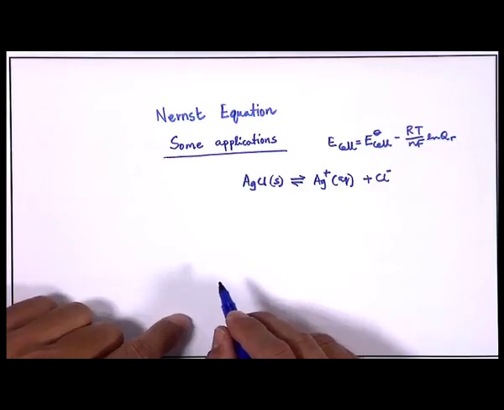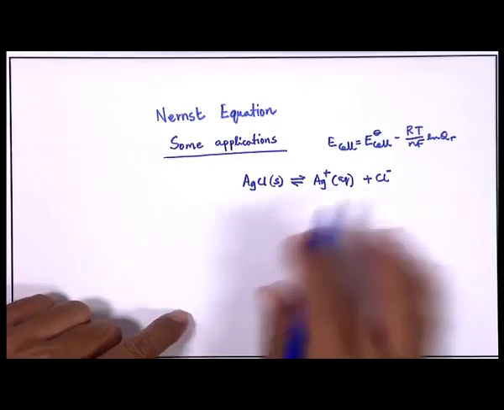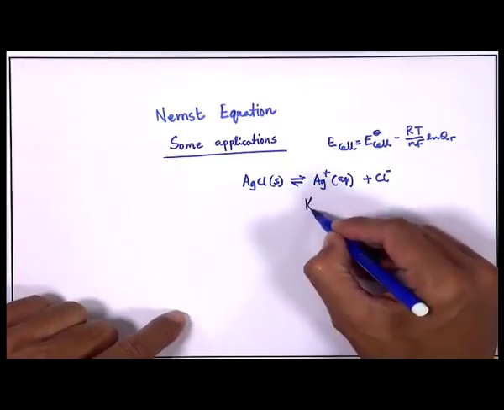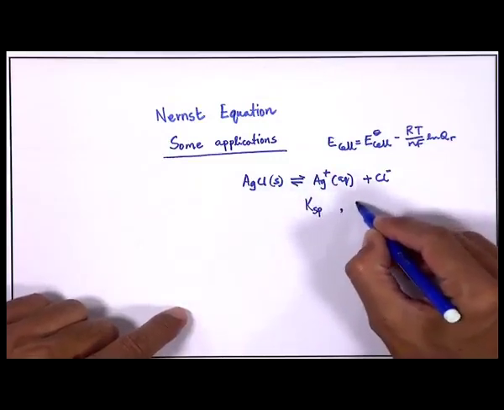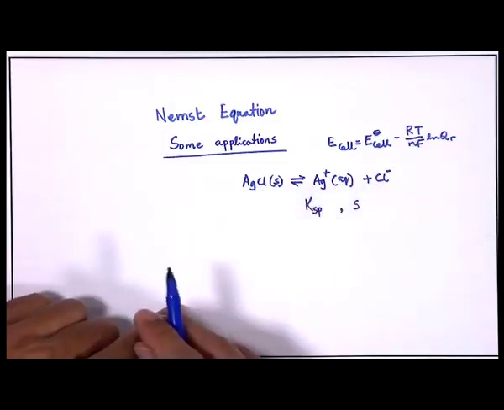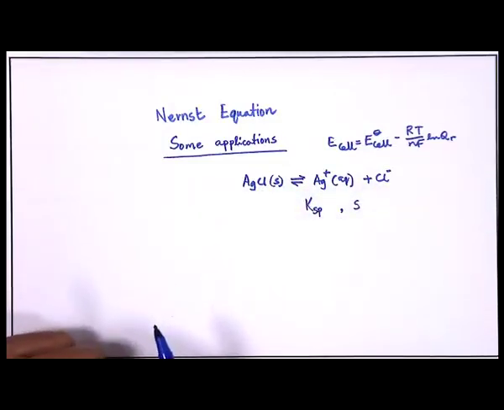Is it possible to find out information about this solubility equilibrium, that is, the equilibrium constant of this process, or Ksp, the solubility product, or in turn the solubility S of this sparingly soluble salt? The answer is yes, it is possible to find the solubility product of this sparingly soluble salt in water by the application of the Nernst equation.